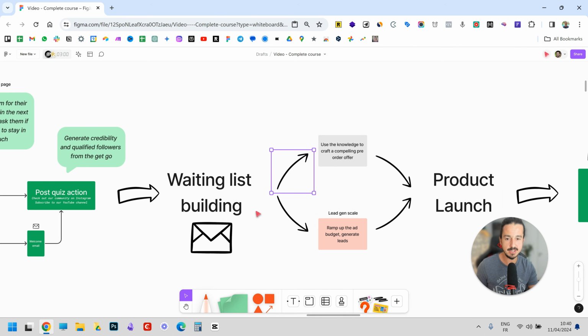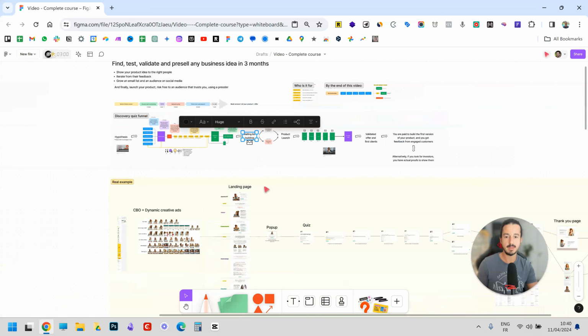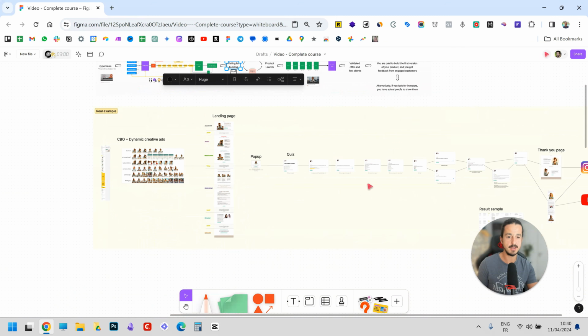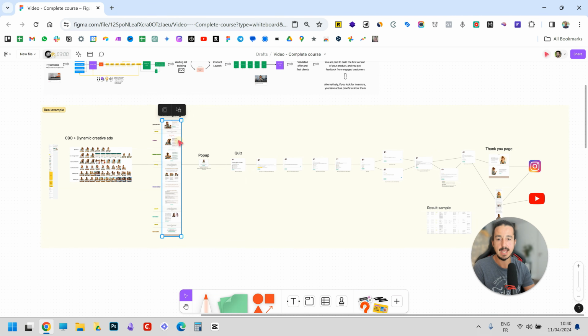Here, there is no specific budget, it just depends on your beliefs. Why? Imagine, I'm going to talk about this specific example so it makes it more practical. This course was meant to be a high-ticket product.